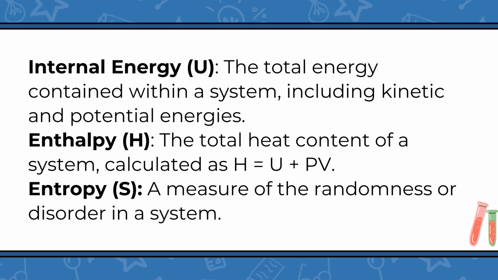First is kinetic energy. What is kinetic energy? Kinetic energy is the movement of molecules. And second is potential energy. Potential energy is the energy stored in the chemical bonds.